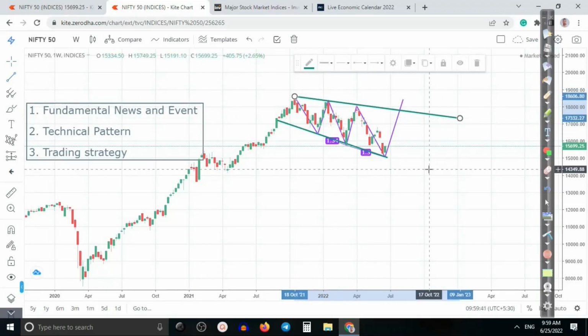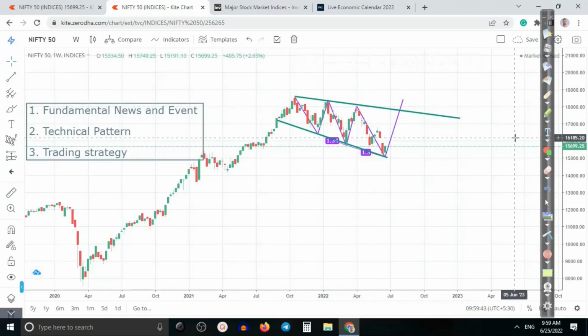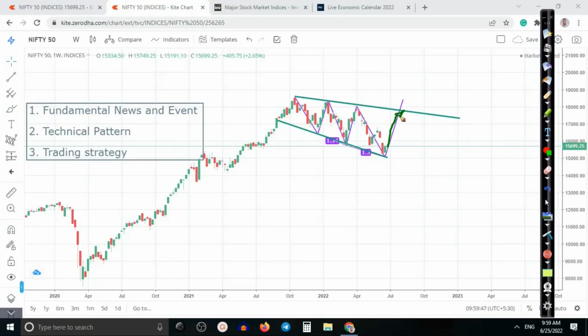So we are expecting that price may retest this swing point very soon. So why this level around 15,200? 15,200 is important.